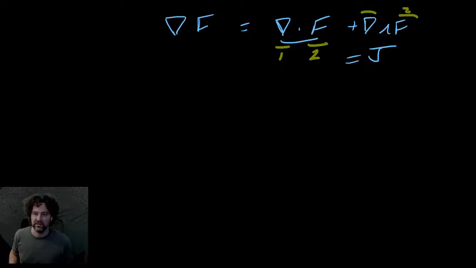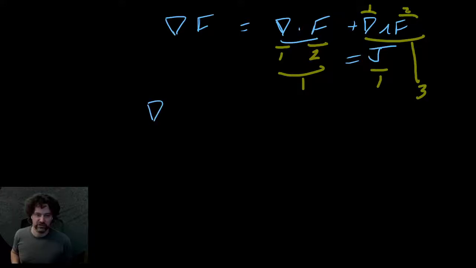So bivector, vector: the dot product is a vector, and our wedge product is a trivector. And here on the other side, we have a vector. So with two grades, we can split this into one equation for each grade. So it's grad dot F equals J, and grad wedge F equals 0.